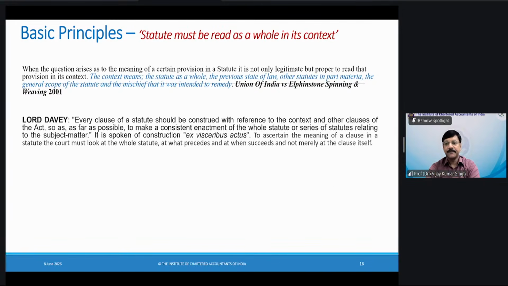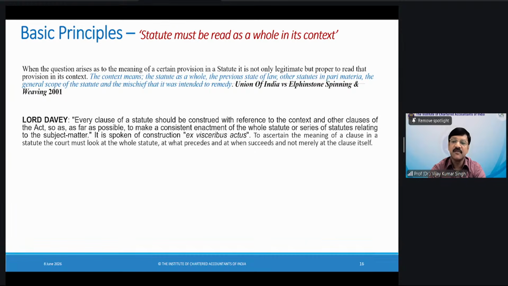Lord Davey said that every clause of a statute should be construed with reference to the context and other clauses of the Act, so as far as possible to make a consistent enactment of the whole statute or series of statutes relating to the subject matter. It is spoken of as construction ex visceribus actus.